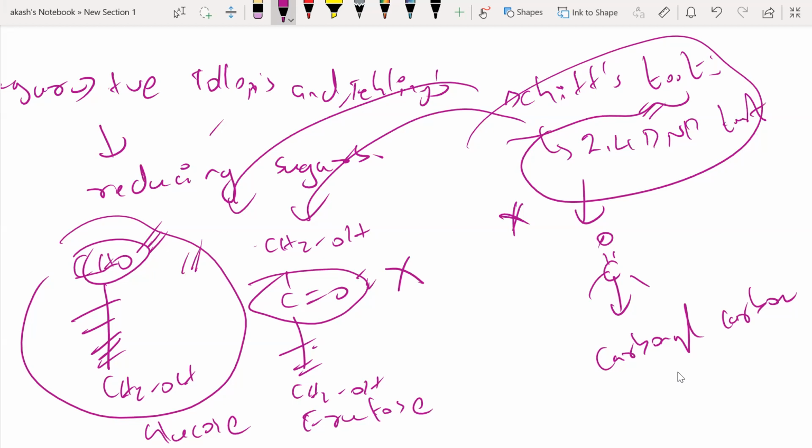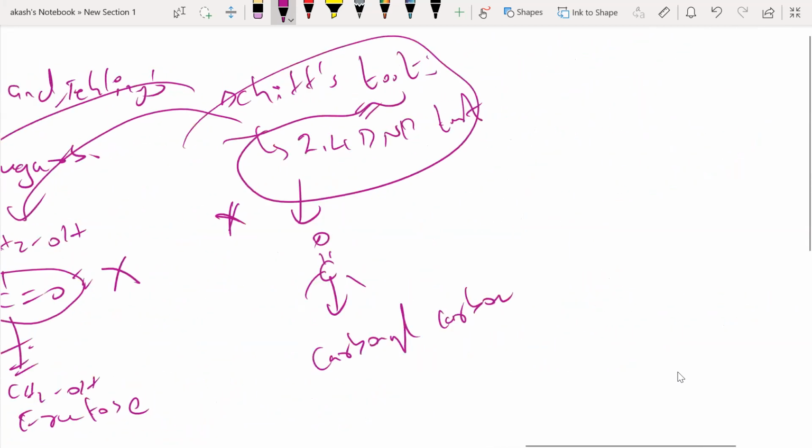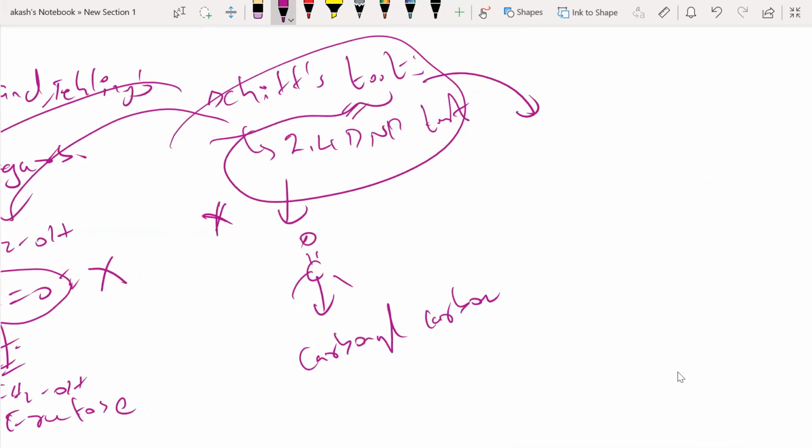What is happening is that for this Schiff's test to be positive, I should have a large amount of C double bond O, a considerable amount of this carbonyl carbon present. If only a little amount is there, it will not give a positive test.